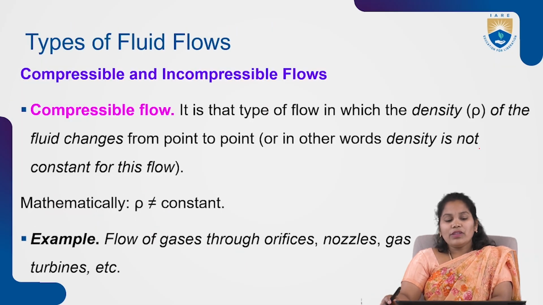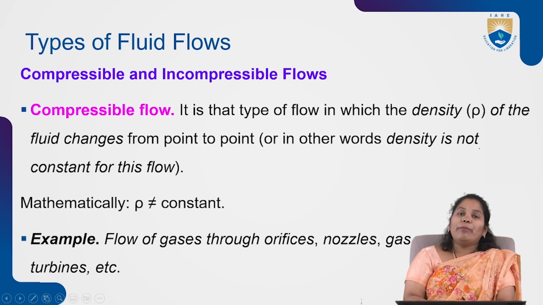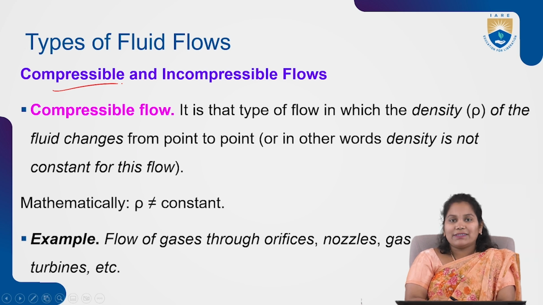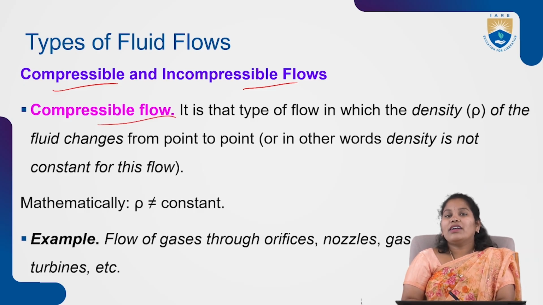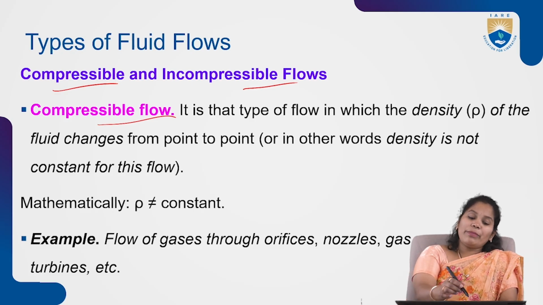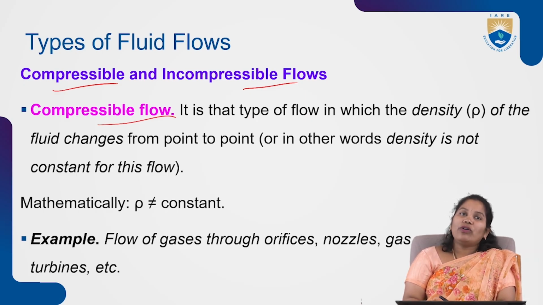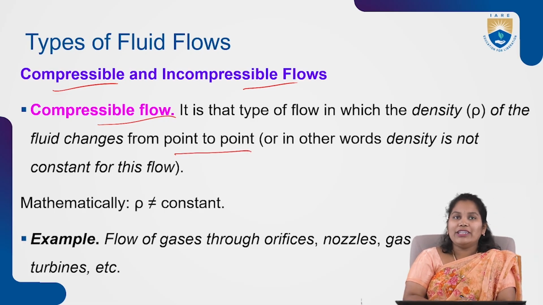Right? Now another type of flow: compressible and incompressible flows. Compressible means the fluid can be compressed. Incompressible means the fluid cannot be compressed, right? Compressible fluids are gases, right? Air, we can compress. But water and liquids we cannot compress.